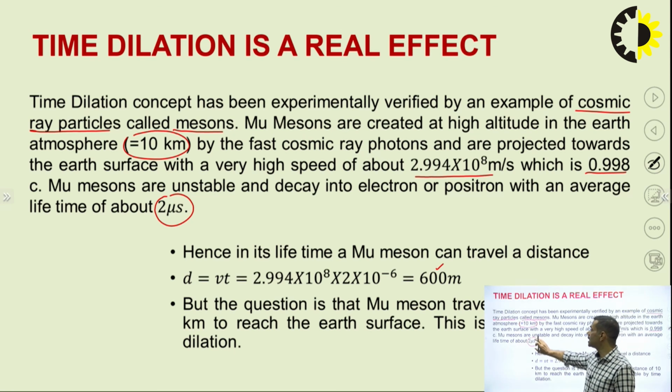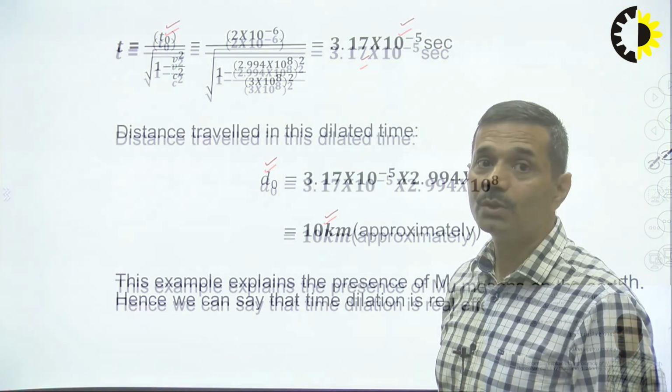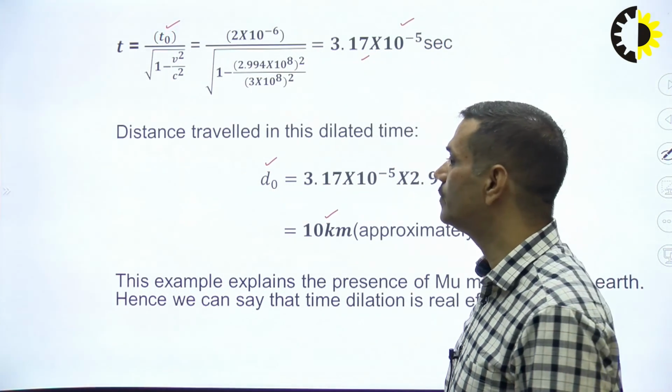By using the time dilation formula, we can find the observed time. If we put in the values, finally you will find the distance. So we can show the presence of mu mesons with the help of the time dilation phenomena.